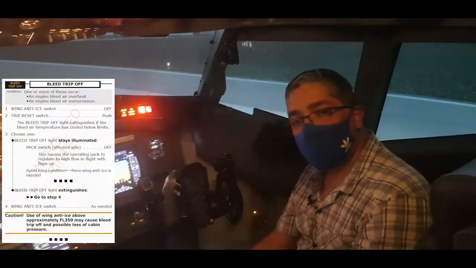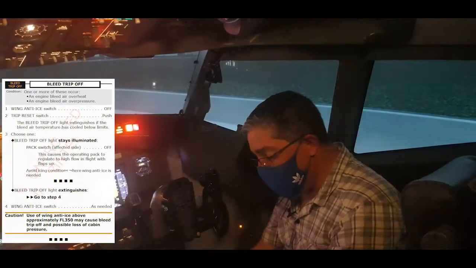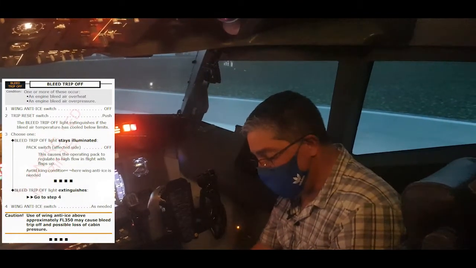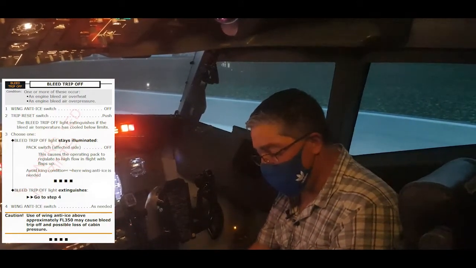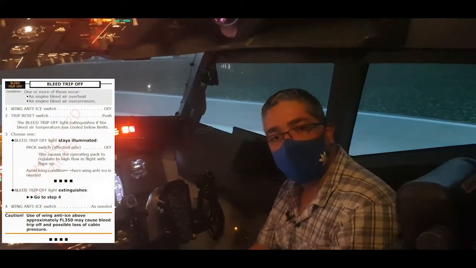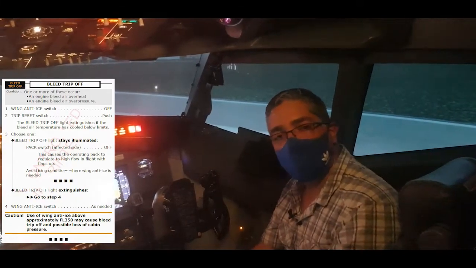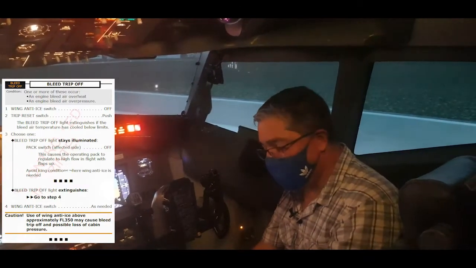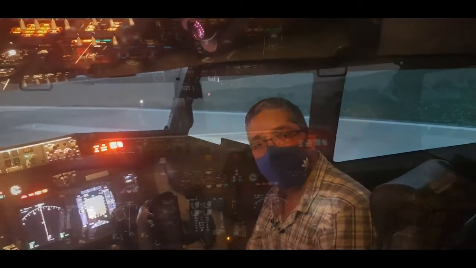Now we have a caution here in the non-normal checklist, which says use of wing anti-ice above approximately flight level 350 may cause bleed trip off and possible loss of cabin pressure. So this is what the non-normal checklist says to do in case the bleed trip off light illuminates.